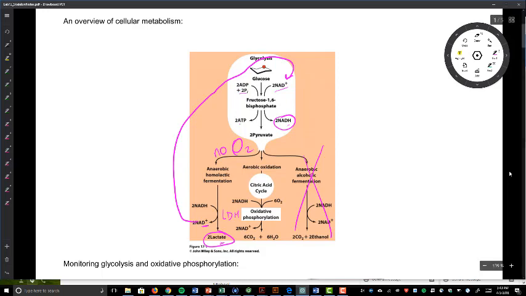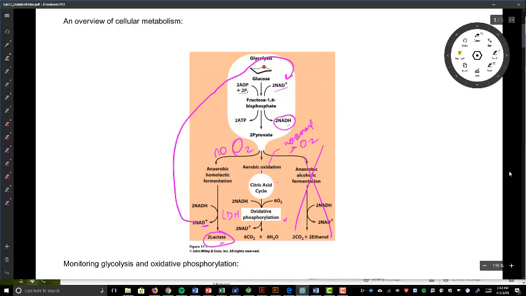Now, under normal conditions, so normal meaning you have a normal amount of oxygen present, or that oxygen is able to get to the cells, you would go through aerobic oxidation, so through the citric acid cycle, and then oxidative phosphorylation.